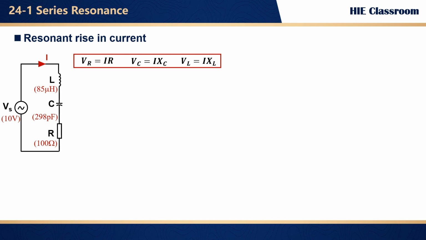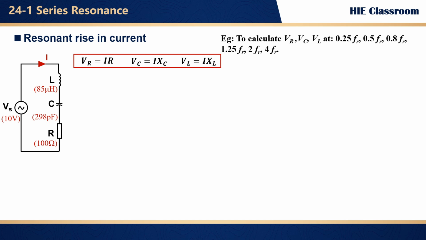Here's where it gets interesting. Let's calculate VR, VC, and VL at different frequencies using the same circuit. Here we have L as 85 microhenries, C as 298 picofarads, R as 100 ohms, and V as 10 volts.